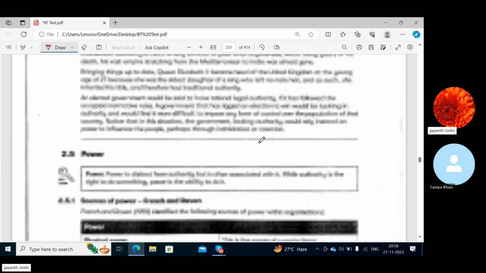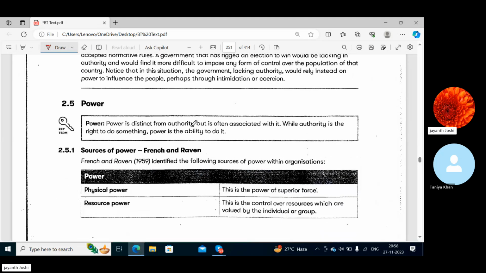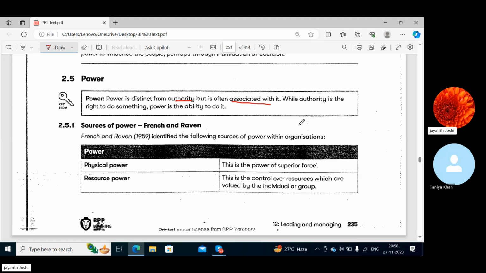Power. Power is distinct from authority, but it is often associated with it. Of course, without power, you cannot show your authority, right? These are very synonymous kinds of things. Power gives you the authority. Authority gives you the power. While authority is the right to do something, power is the ability to do it. This is the right because you have been given that position.